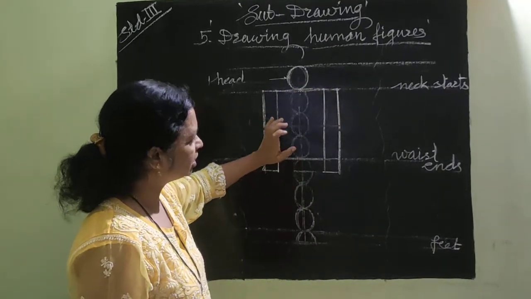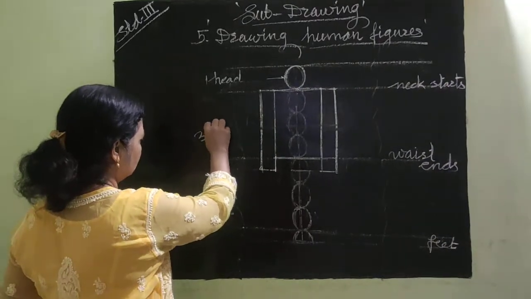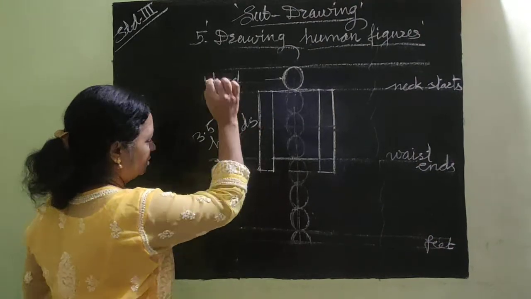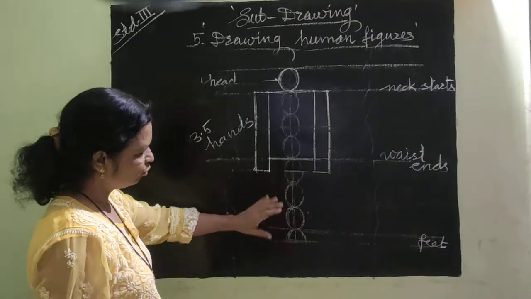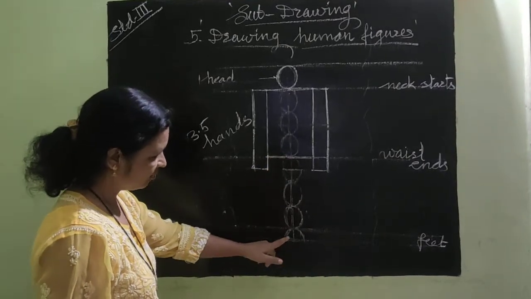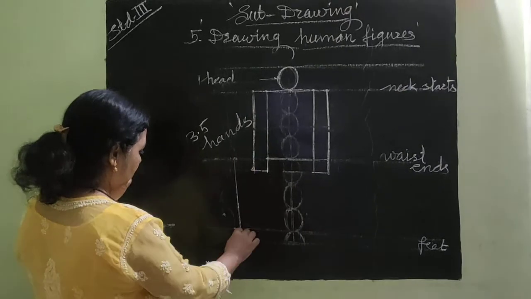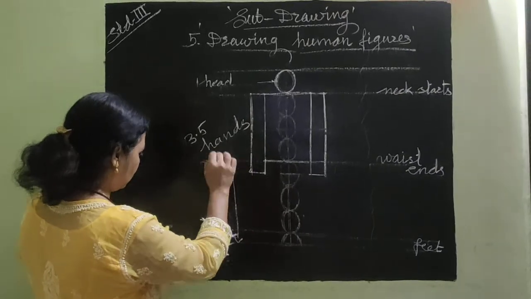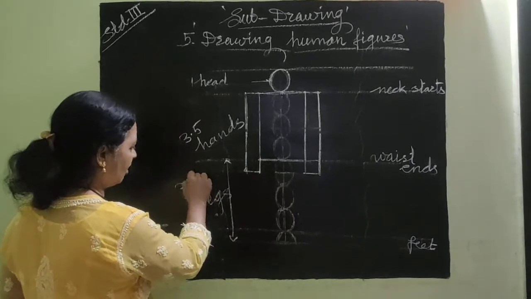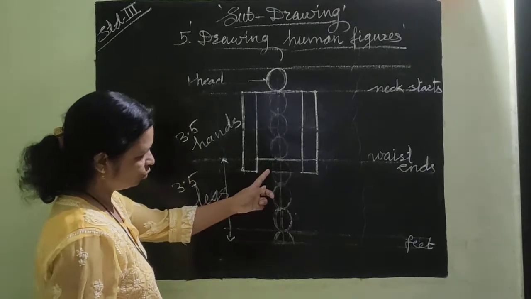We use 3.5 circles for hands. 3.5 for hands. Okay, and we use the remaining 3.5 again for what? Legs. Again 3.5. How?